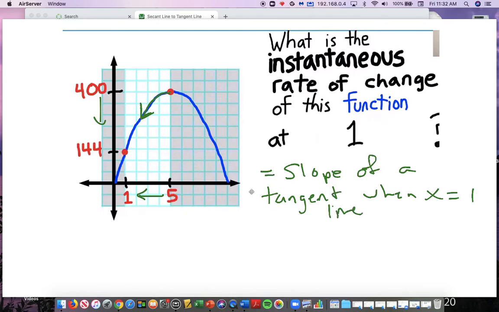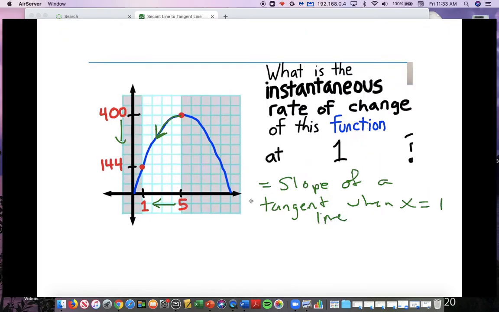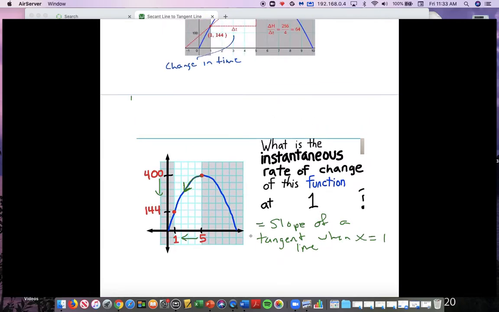Now, in order to squeeze these 2 points together, I'm going to have to use this idea that we talked about in the first unit, this idea of a limit. And so what I want to think about is you got the slope, and really the slope between 2 points is y2 minus y1 over x2 minus x1.